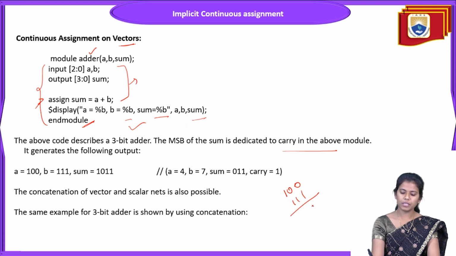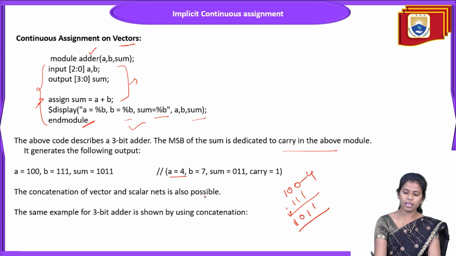Here 0 plus 1 is 1, 0 plus 1 is 1, and 1 plus 1 is 0, carry 1, and this carry bit stays as it is. So it is 1, 0, 1, 1. So my input A is, for example, 100, which is nothing but 4, and B is 7. Totally I got the sum as 011 with the carry bit.